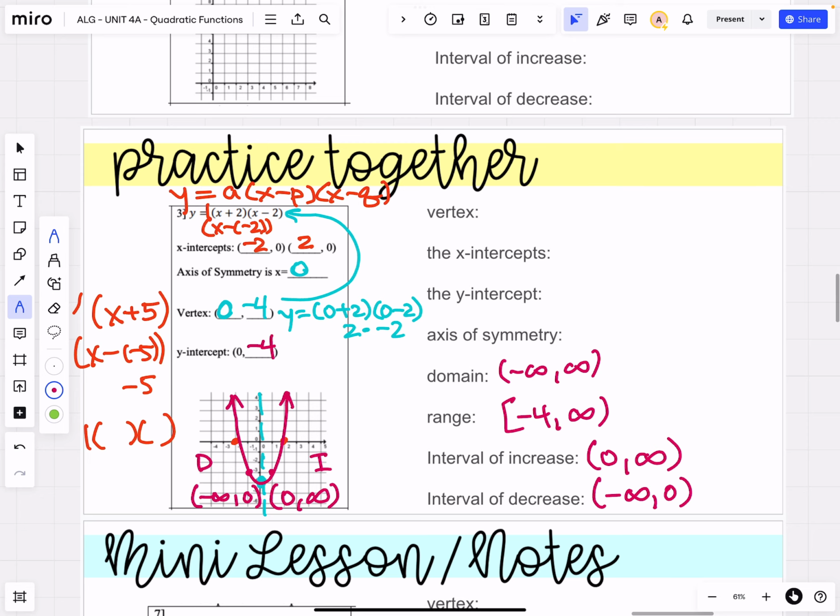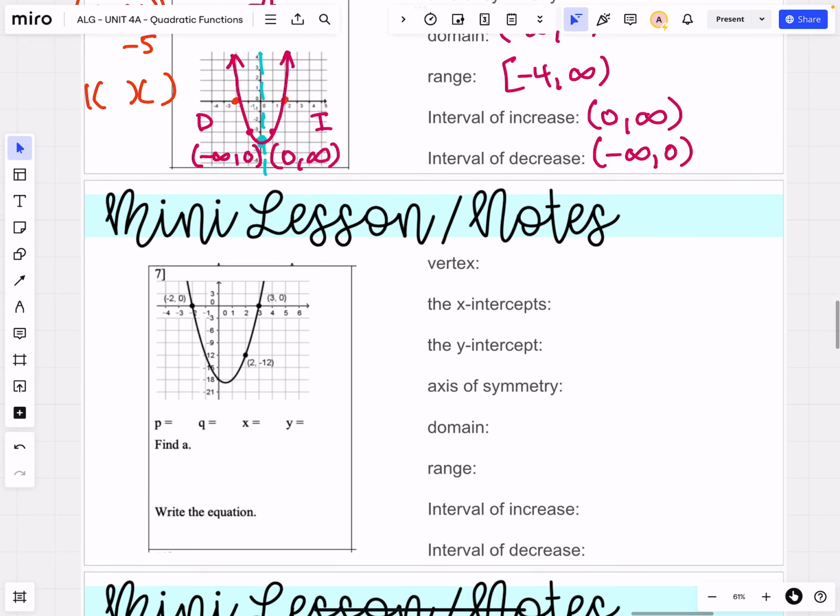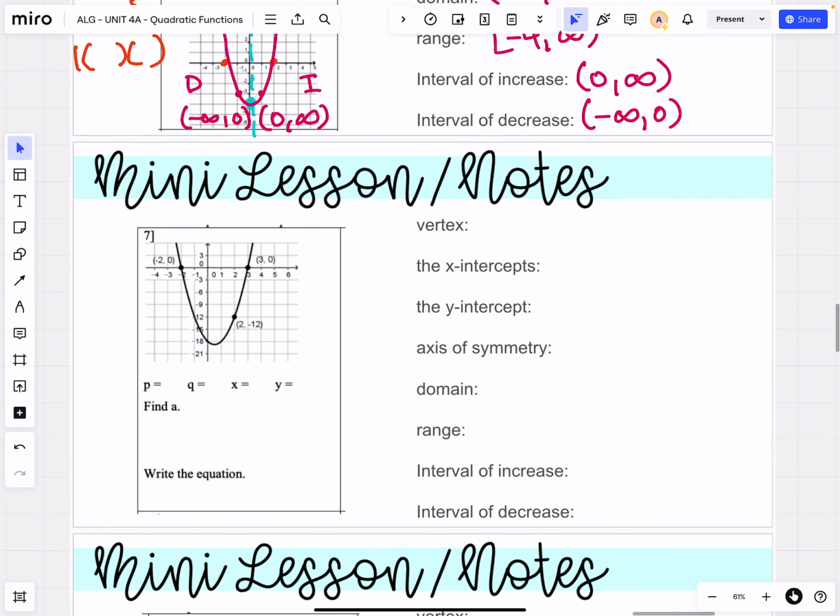All right, next example is this one here. This one, we have to actually write the equation if we're given the graph. So we're going to take a look at our graph. We are going to identify the intercepts.